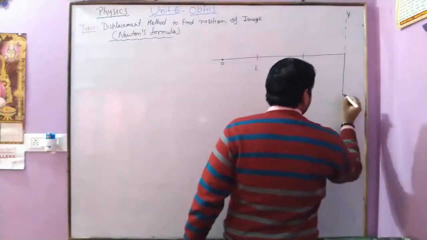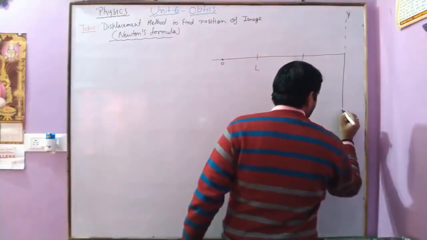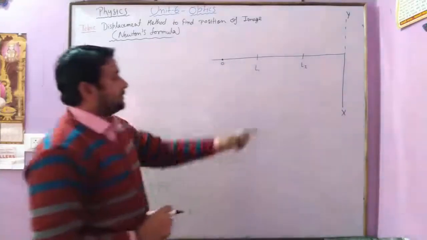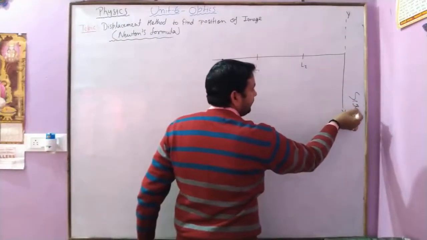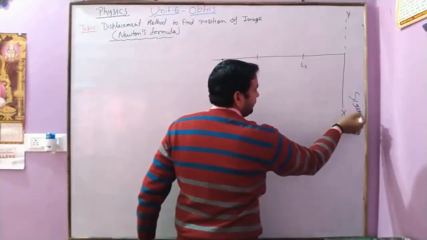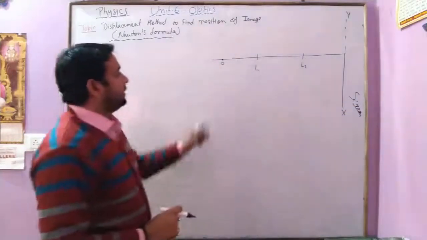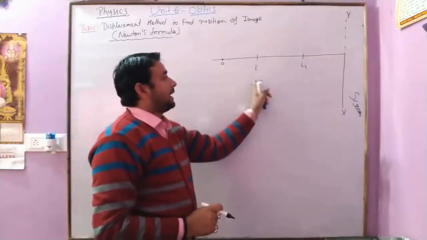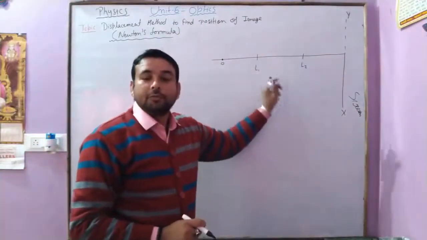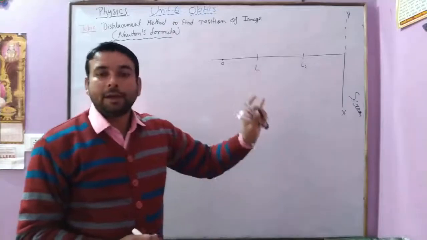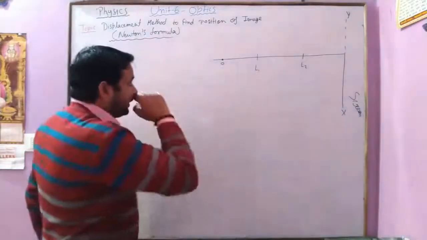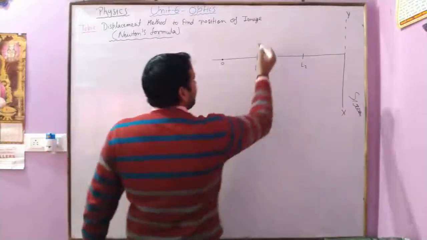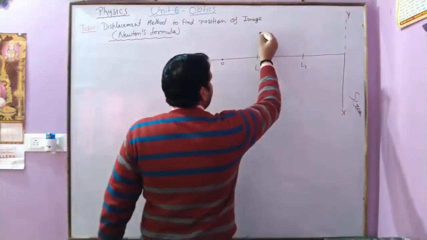This is the screen where the image is formed by the lens at two different locations, which are clear and distinct on the screen.